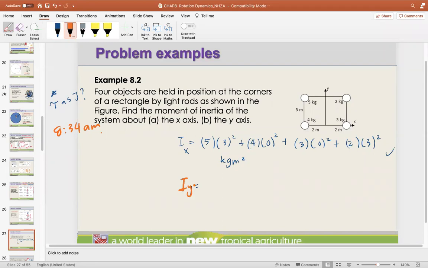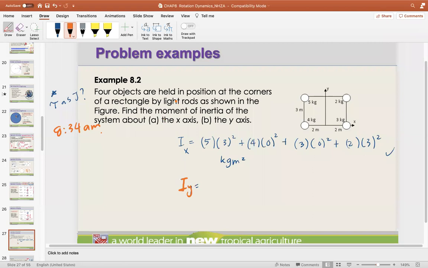I don't really understand how to find the x-axis one. Not understand about how to find the answer for x-axis. Why is there two axis of rotation? Oh, no, there's only one.